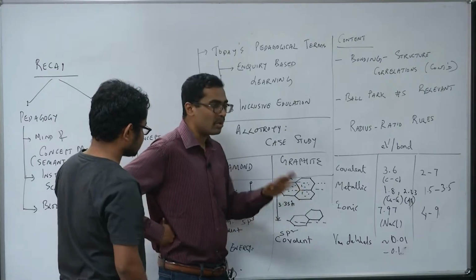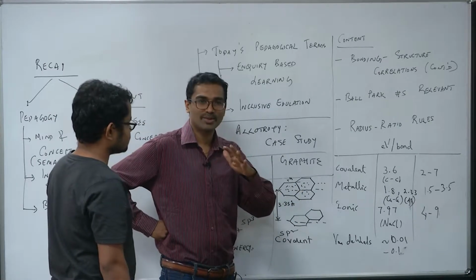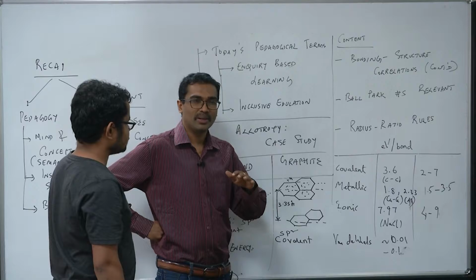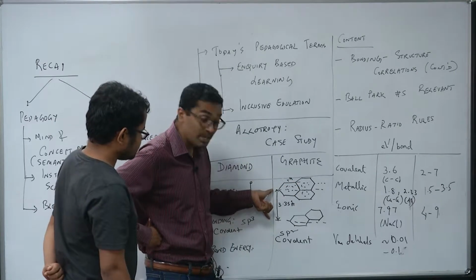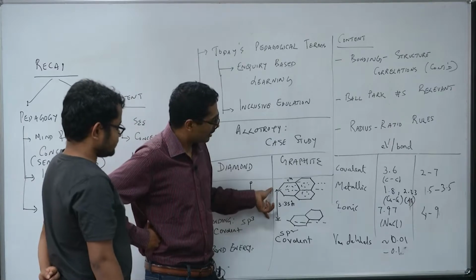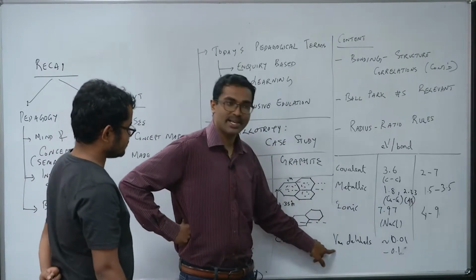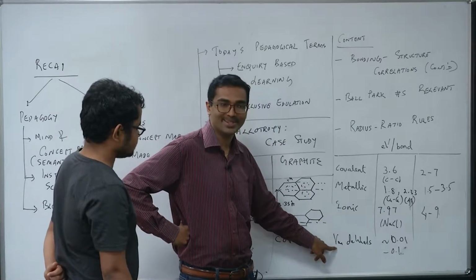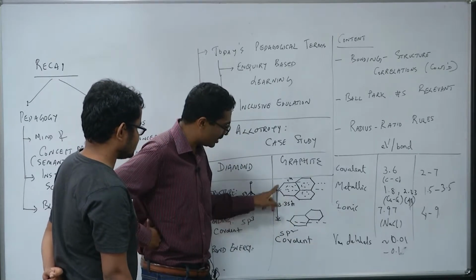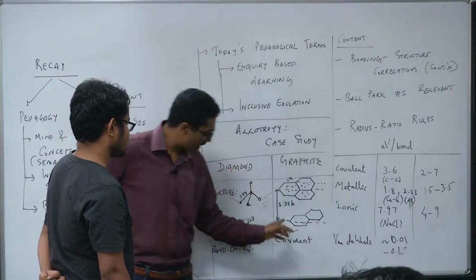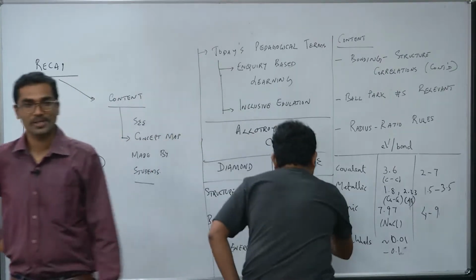Most covalent bonds are in the range of 1.5 angstroms, a max of let's say 1.82 angstroms. But here you have 3.35. It's none of these. So by elimination, it has to be van der Waals. So while here it is covalent, here it is van der Waals between the layers. So write it down.